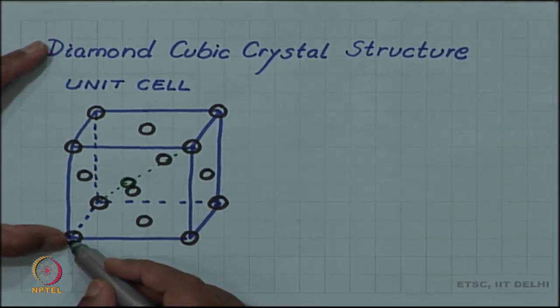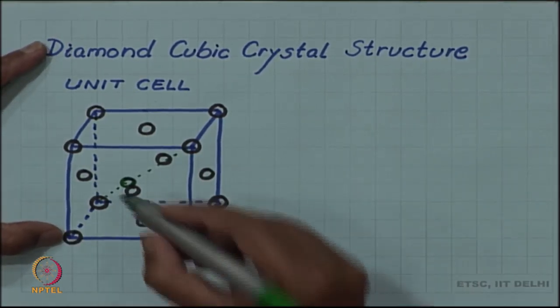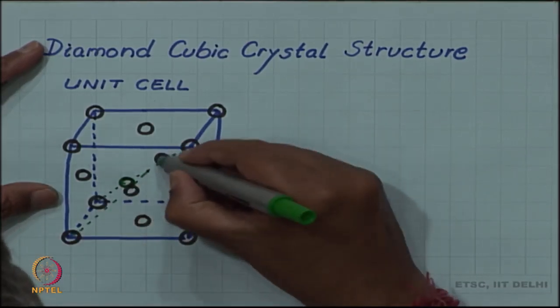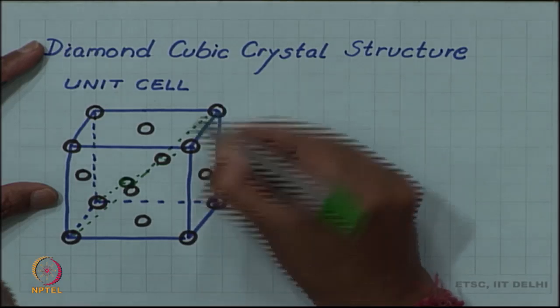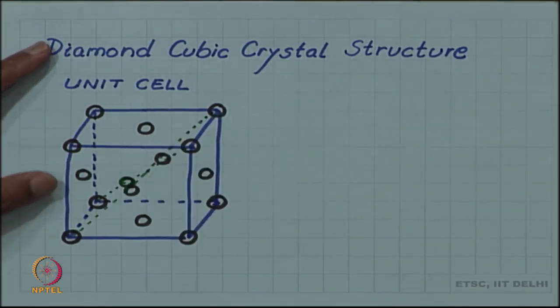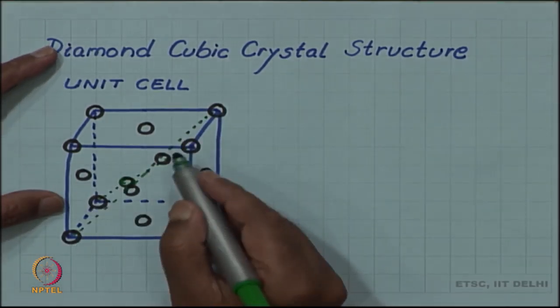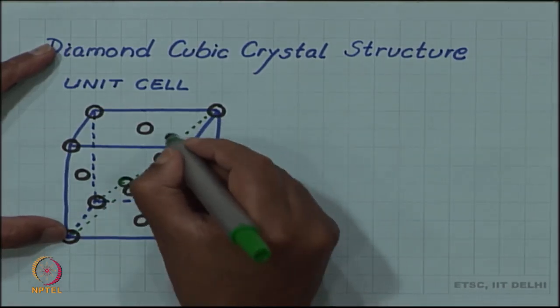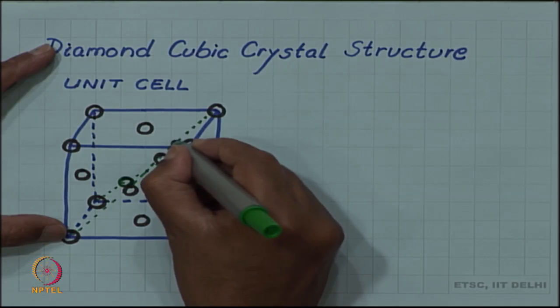Then from this corner another body diagonal emerges. On that body diagonal I place an atom which is 3/4 from the bottom. So, it is now 1/4 from the top. So, it comes somewhere there.